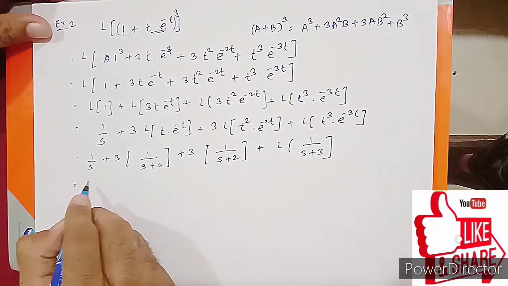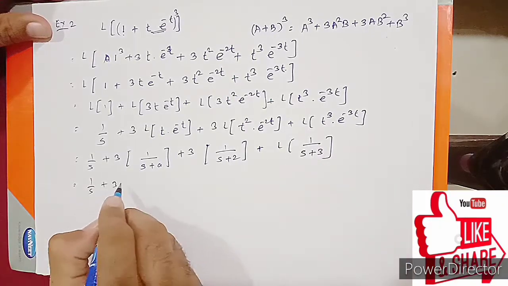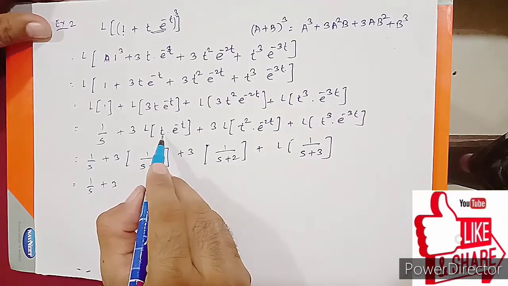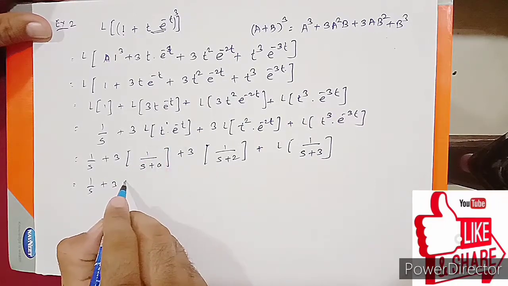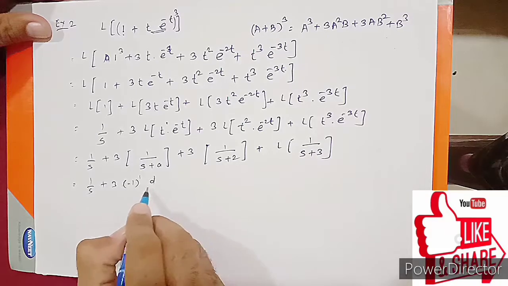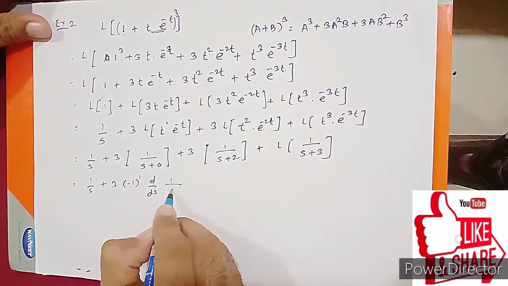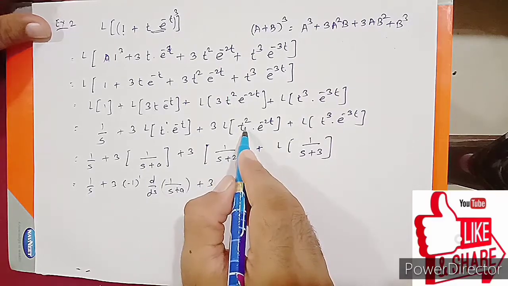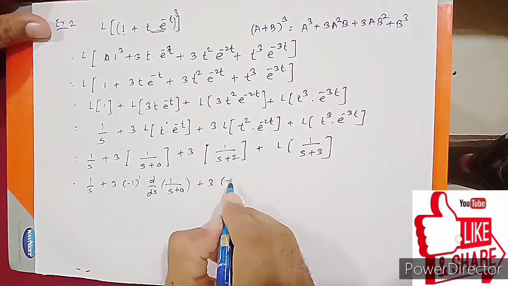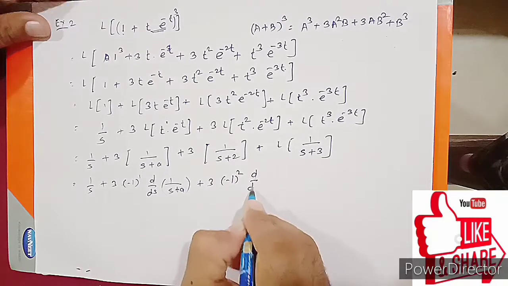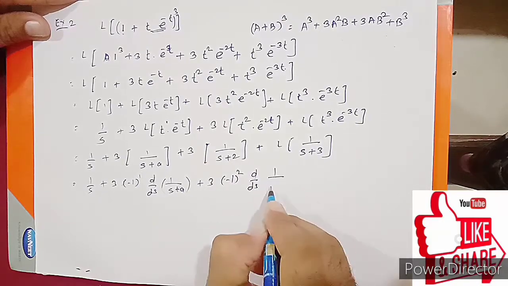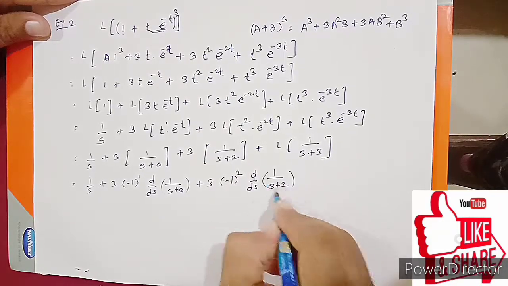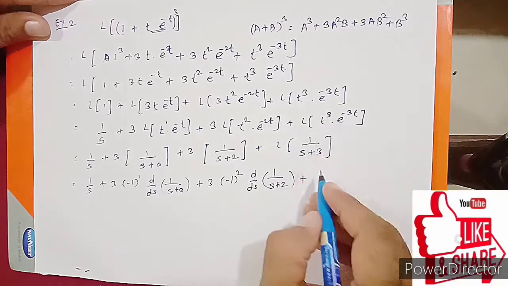Okay, now our multiplication by t is remaining here. So what is the power of t here? t raised to 1. So what is the formula? Minus 1 raised to 1, d by ds of 1 upon s plus 1, plus, what is the n here? 2. So minus 1 raised to 2, d by ds of 1 upon s plus 2, plus, what is the n here? 3.